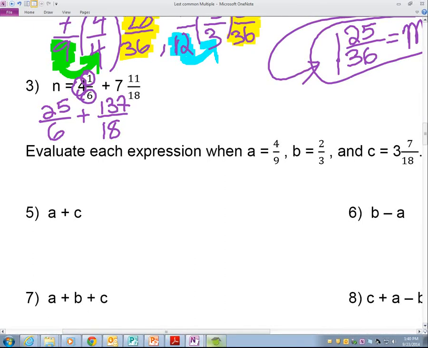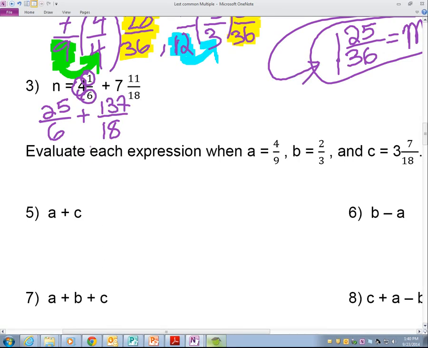Beautiful. Okay, now we need to find the LCD. The LCD between these two, since 6 goes into 18, you know that it's going to be 18, right? That's from the lesson 3 days ago or so, right? So it's going to be multiplied by 3.